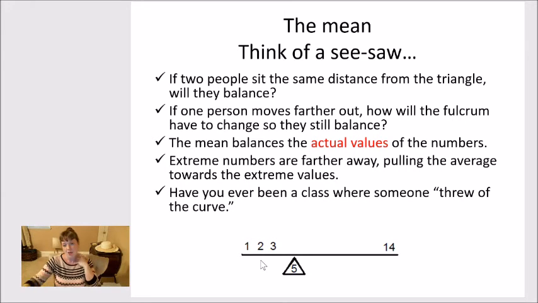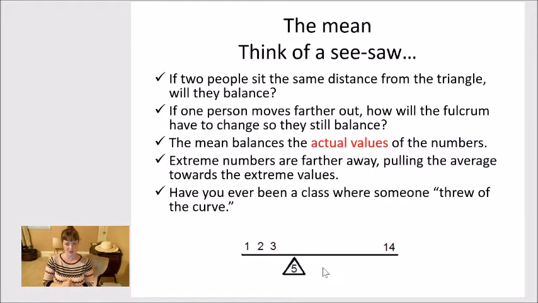But the minute you add my other sister-in-law into the mix with her 14 siblings, that average gets dragged towards that 14. That new average of 5 is balancing the values below it, 1, 2, and 3, with the one value above it, 14.